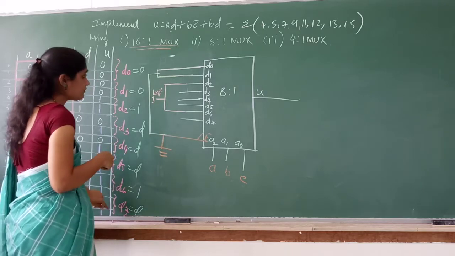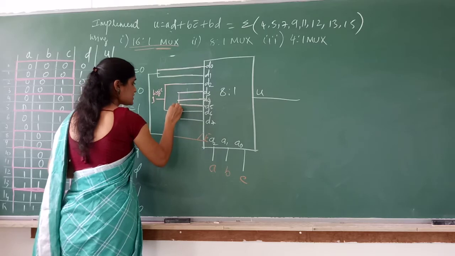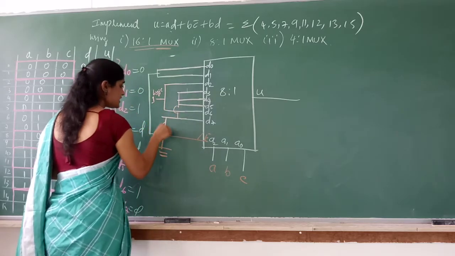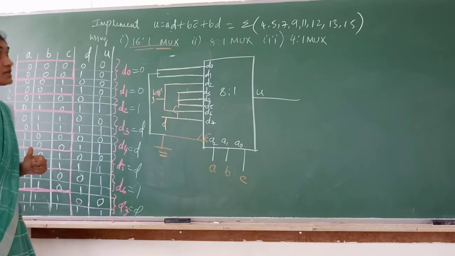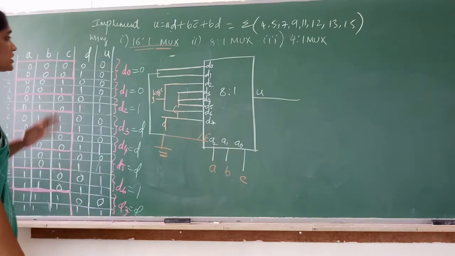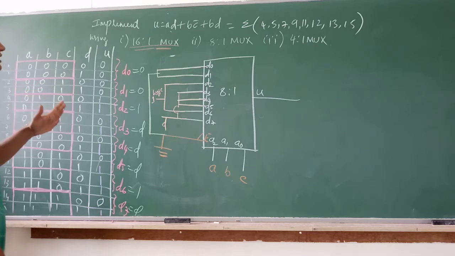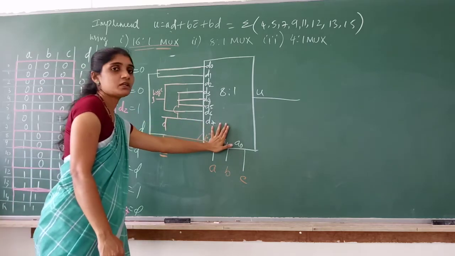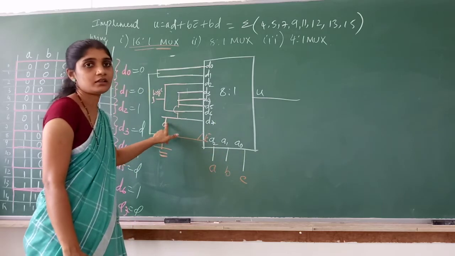D3, D4, D5 and D7 to what? D. Okay. So this is the implementation of the given function f of ABCD equal to AD plus BC bar plus BD using an 8:1 multiplexer, where ABC are taken as select inputs and D is taken as the input variable.